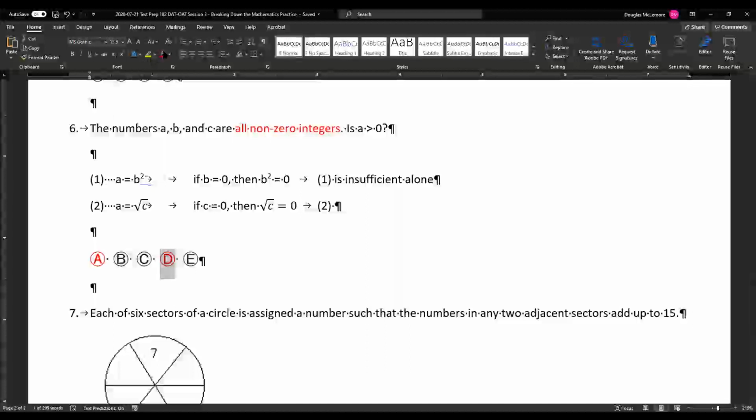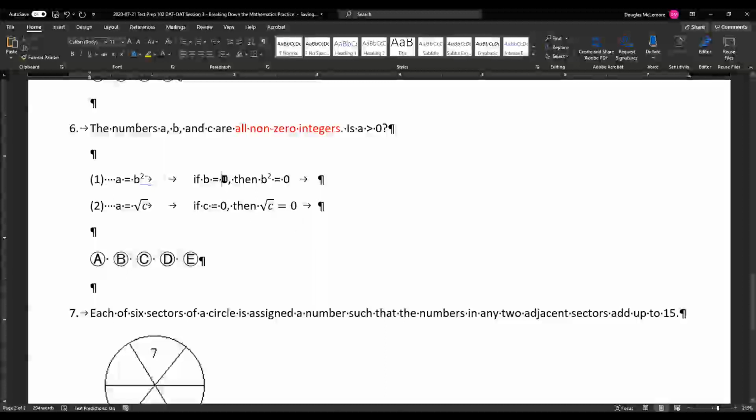What did I do wrong? They need to be non-zero integers. Oopsie, back to the drawing board. Sorry about that. So the lesson learned here is make sure to read the questions very carefully.